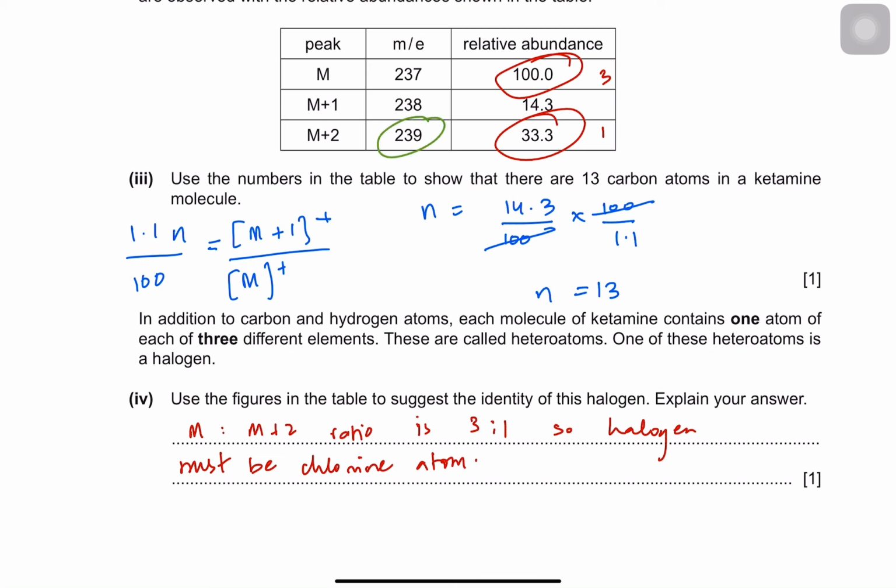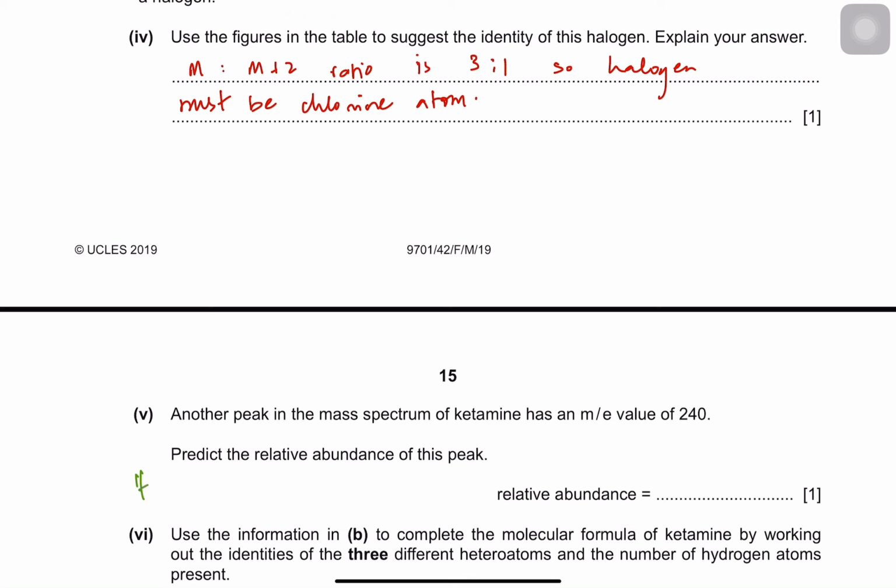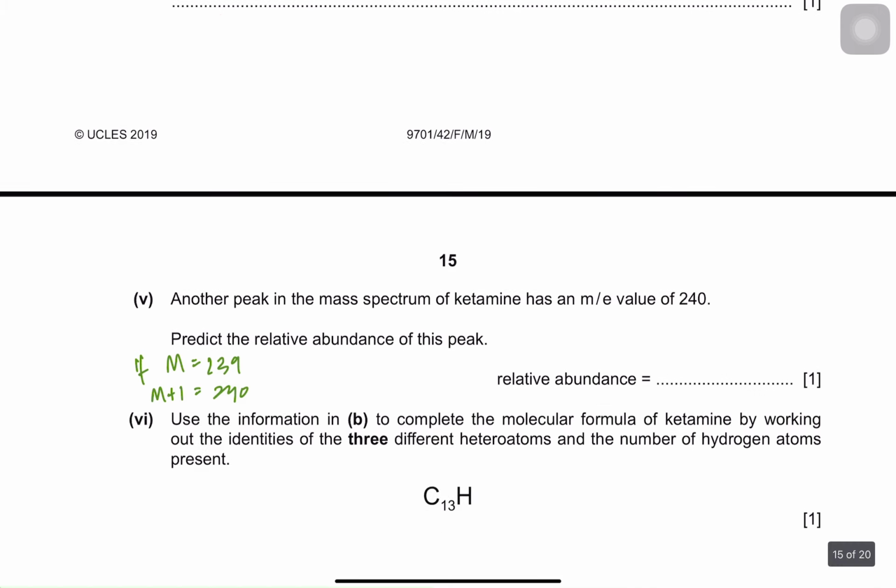Just 239 and 240. So what would be the ratio between them? It's a very simple thing. You have this as your M peak, so accordingly we have to find M plus 1. If M is equal to 239, M plus 1 would be 240. We have to find it accordingly, very simply, and you have the number of carbon atoms also over here.